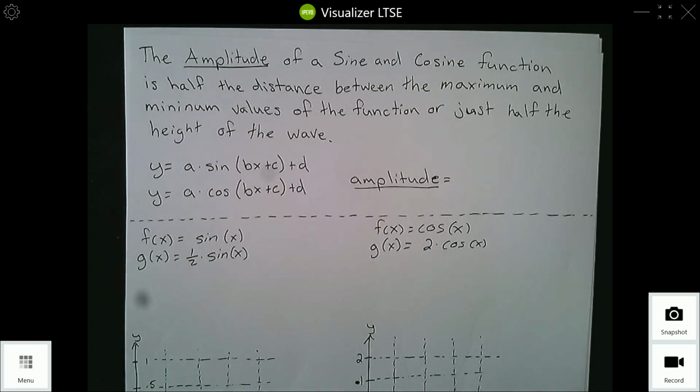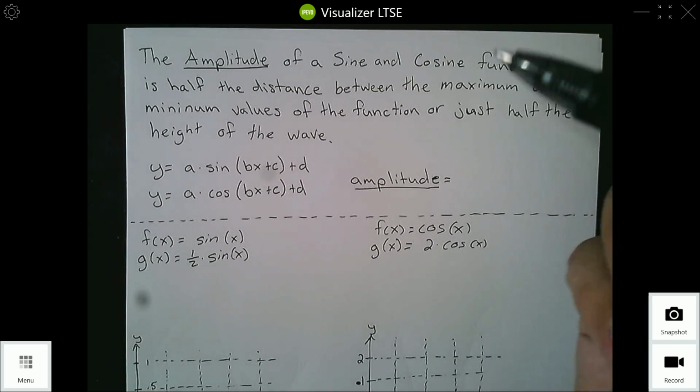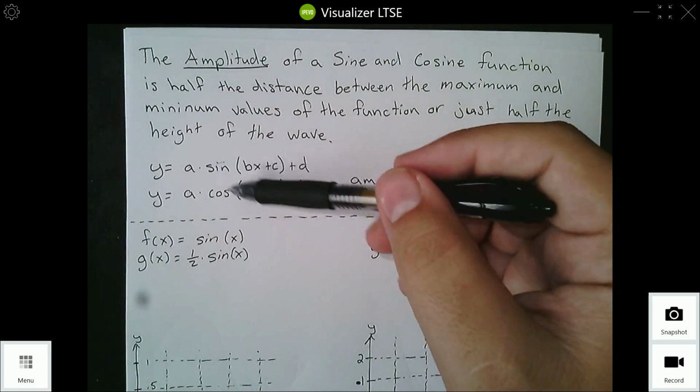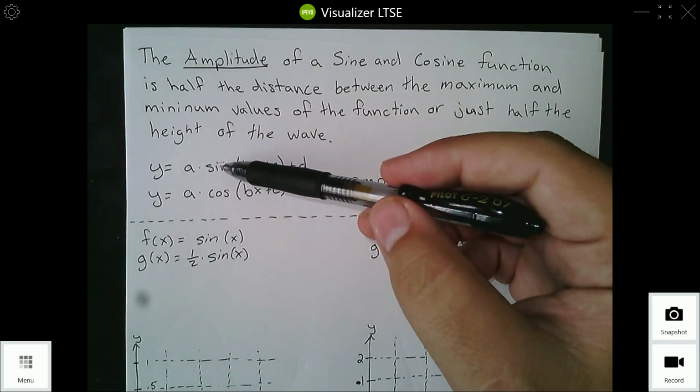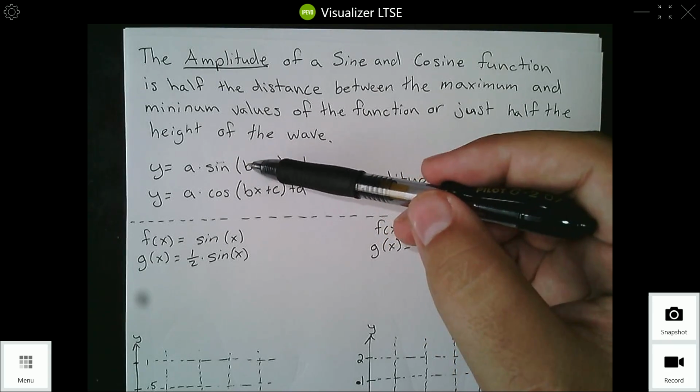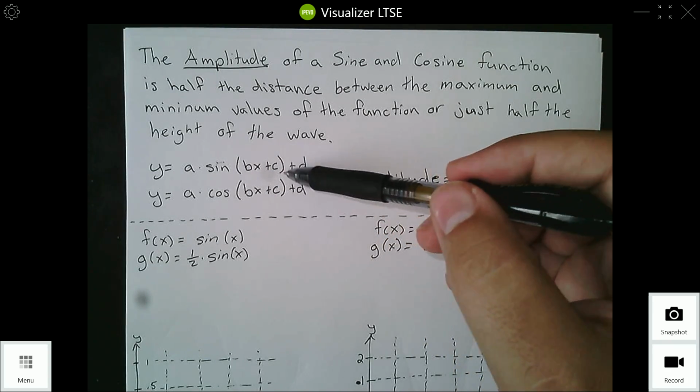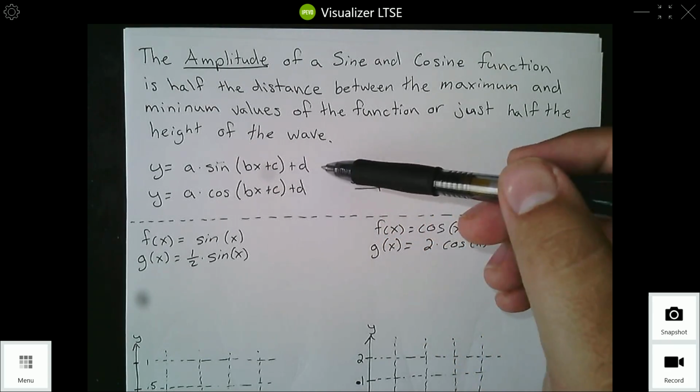Now, the general function you're going to get for sine and cosine graphs is these two functions right here. y equals a times sine of (bx plus c), all plus d.